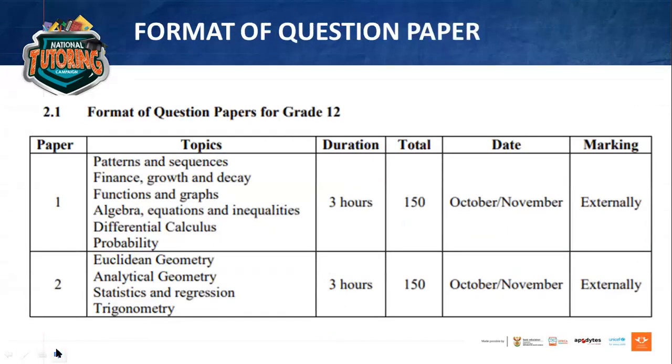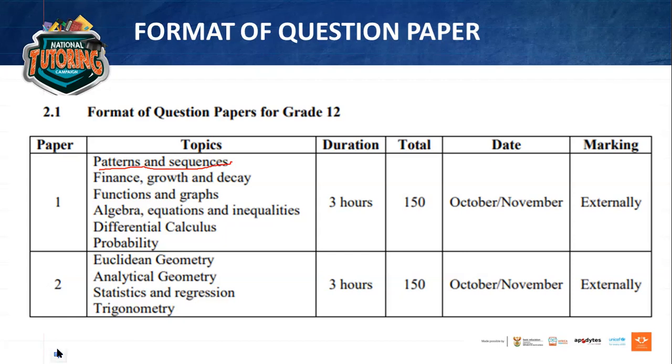Just to quickly remind you, you're going to be writing paper 1 and 2, out of 450, for 3 hours. The number patterns, which is sequence and series, is the one that starts in paper 1. This is the one that we are going to be focusing on today.